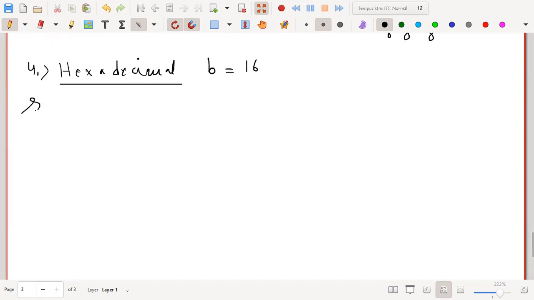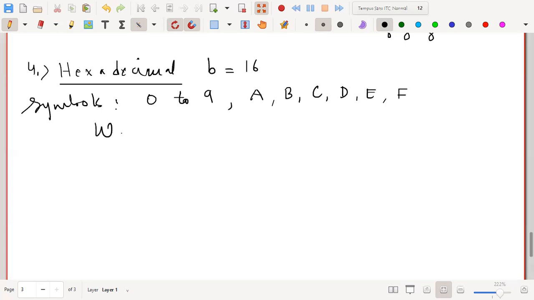The symbols are from 0 to 9, so there are 10 symbols as in the case of decimal, and then some characters are also there: A, B, C, D, E, and F. Those are 6 characters. These are the symbols used in the hexadecimal number system.